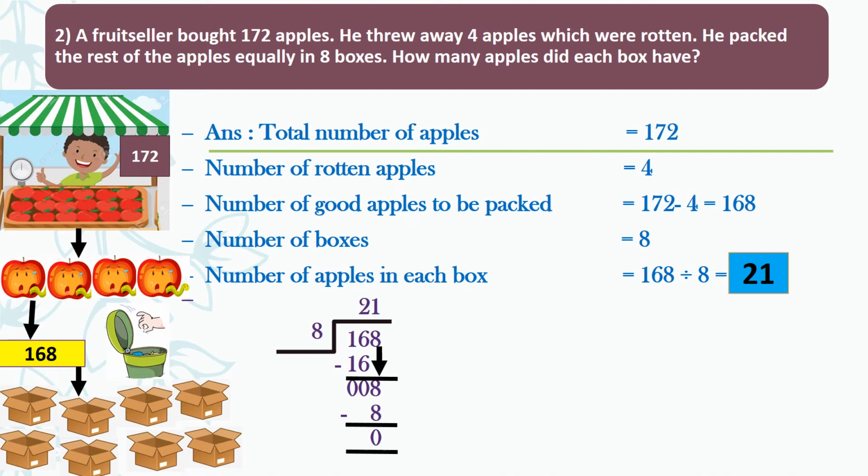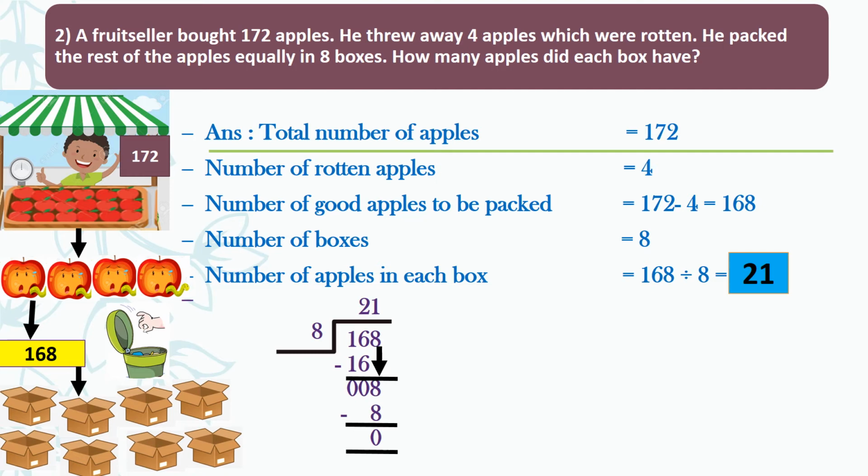So the first statement would be total number of apples is equal to 172. Number of rotten apples is equal to 4. So what do we have left over? That is the number of good apples to be packed, 172 minus 4, which gives 168.